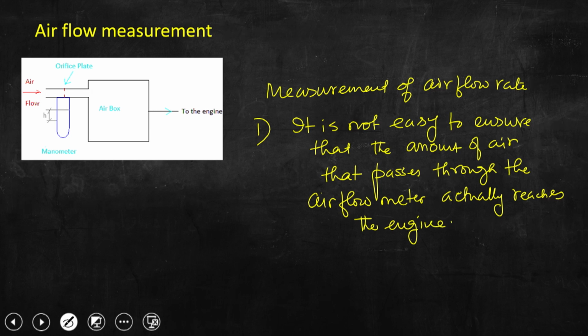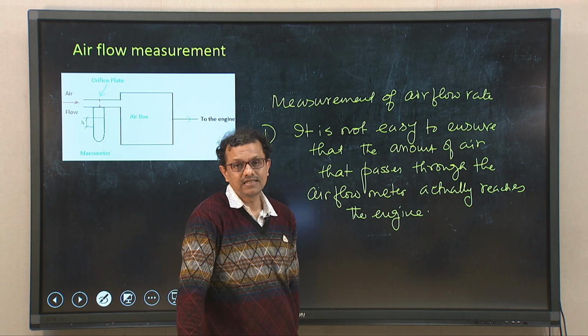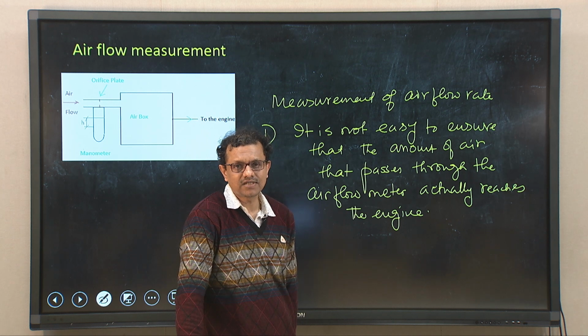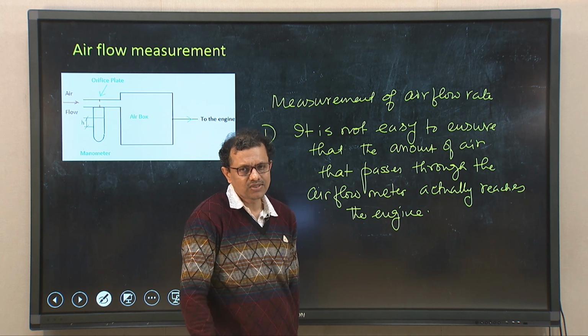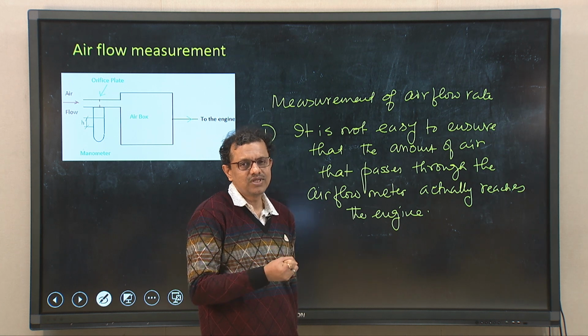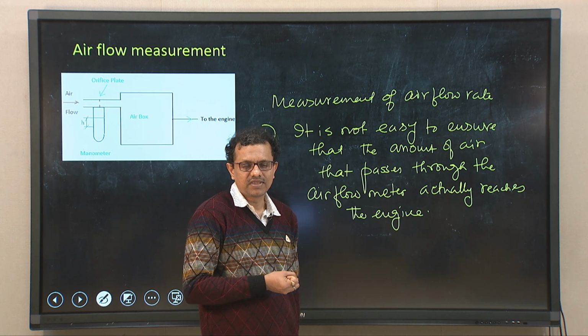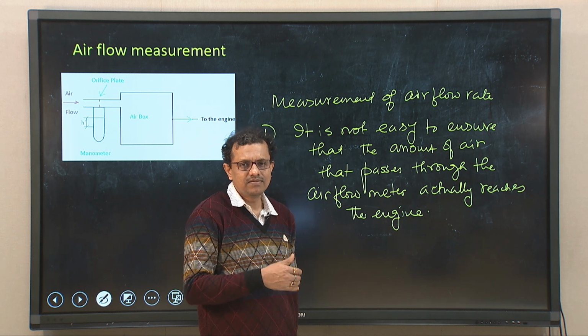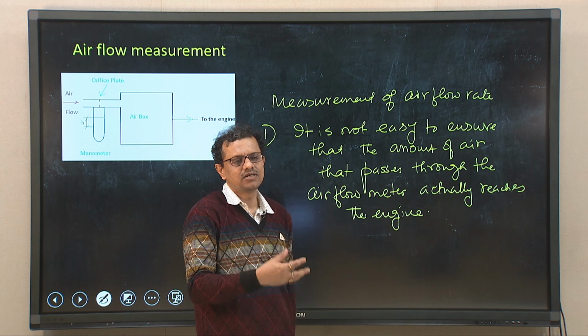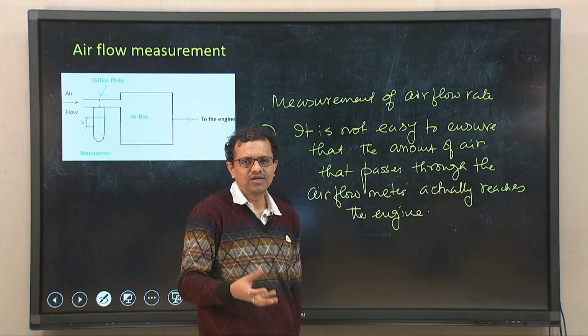Second problem is air flow is highly periodic if it is a single cylinder engine. Perhaps you have studied this aspect in your undergraduate internal combustion engine course, because we need to supply air through the intake manifold to the engine during the intake stroke only. If it is a 4-stroke engine, the remaining 3 strokes are not associated with air movement or air flow.